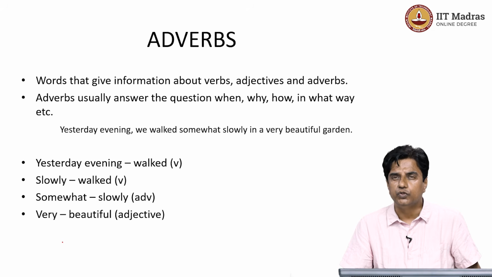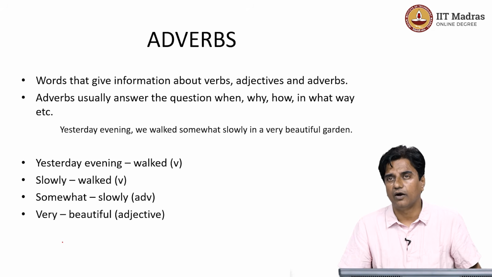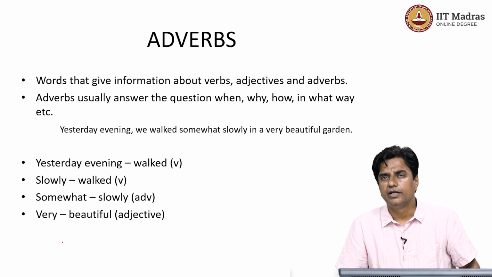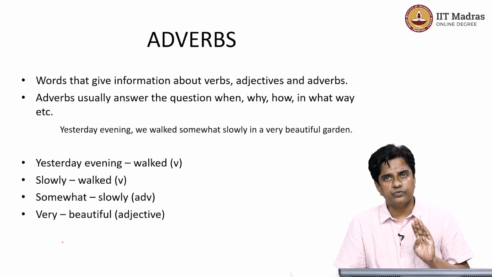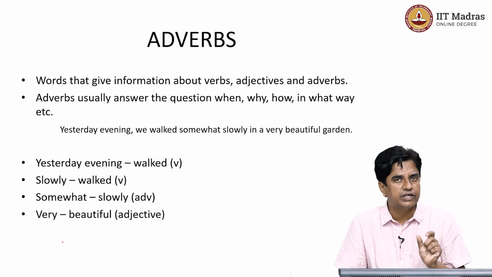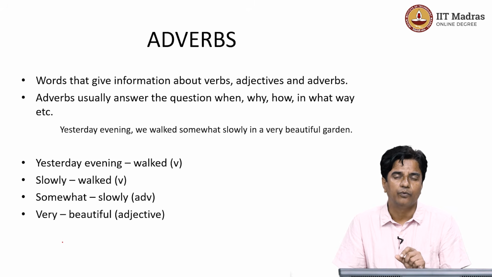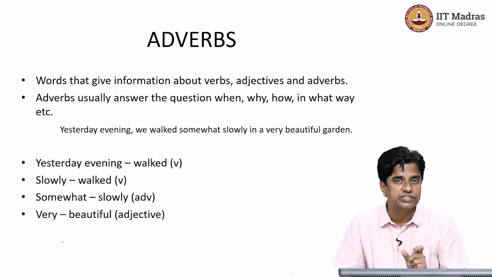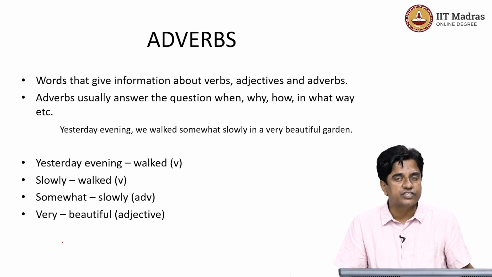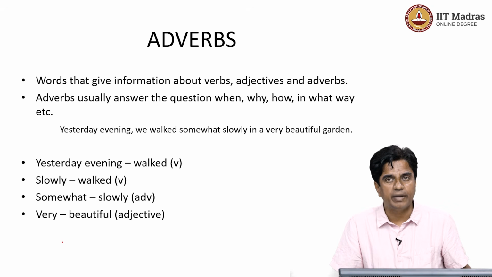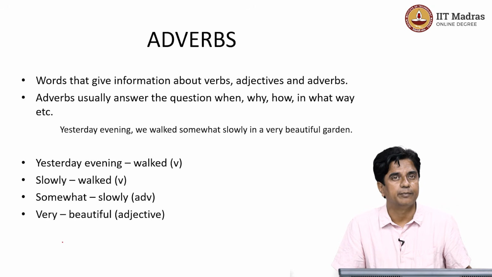Adverbs usually answer questions like when, why, how, in what way, etc. When you see some phrases or words answering questions like when, why, how, then we know that they are adverbs. They don't answer just one question; they answer many types of questions and they become adverbs.